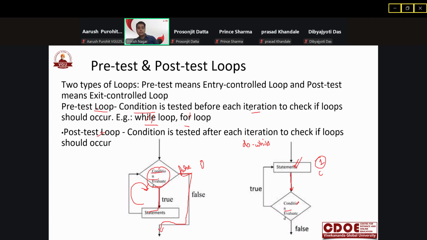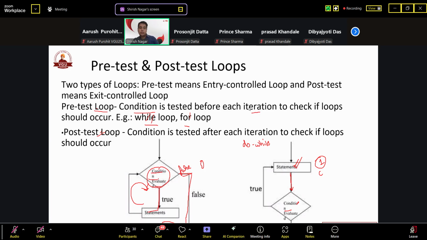At least have 2 cases. I'm not asking you to write the entire code. Only write 2 cases and then write the default case. Okay. So I think one or two students have executed the code.